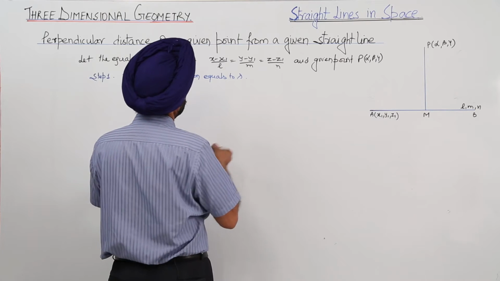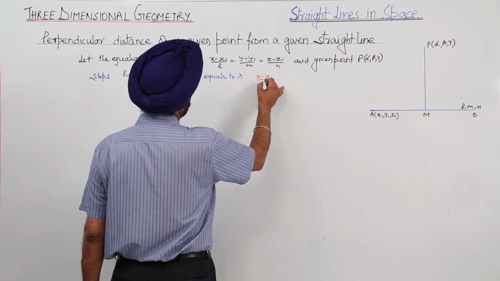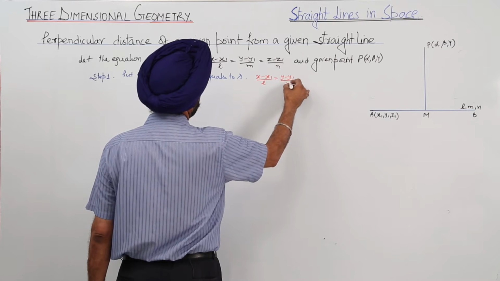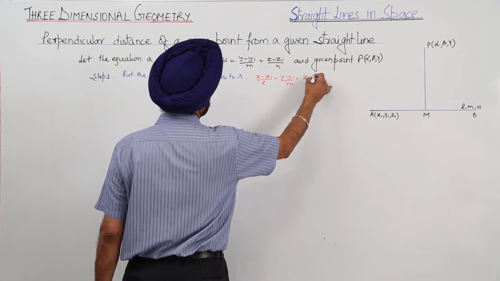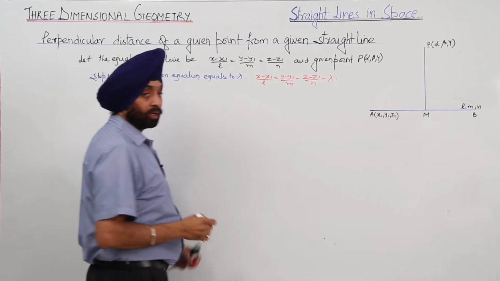Then what will the coordinates be? (x minus x1) upon L is equal to (y minus y1) upon M is equal to (z minus z1) upon N is equal to lambda.